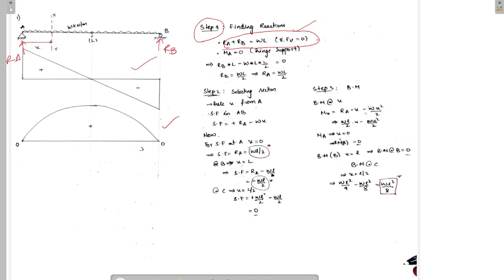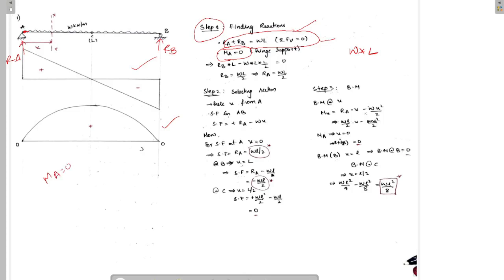then the sum of RA and RB equals the total load acting. Total load acting is W, the intensity of load, into the length of load. So we get this, and the second one I use is moment at A is 0. This is a hinged support. There won't be any moment at a hinged support. So MA equals to 0.